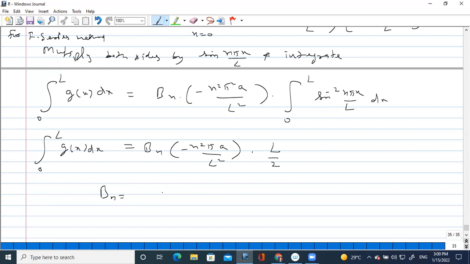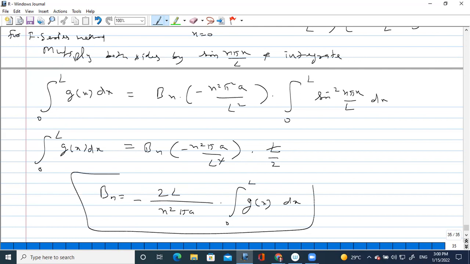So b_n will be, this L square and L will cancel, so it will be 2L by minus n square pi a into integral 0 to L g(x) dx. So this will be the value of b_n.